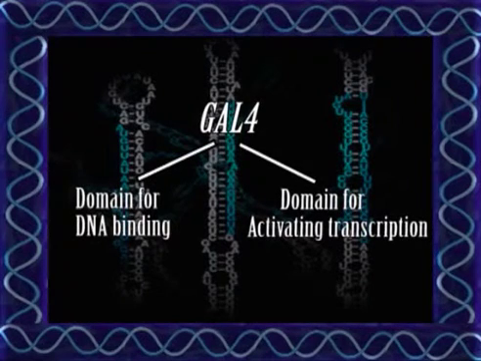The GAL4 protein has at least 2 domains, one for DNA binding and another for activating transcription. The modular organization of the GAL4 protein was demonstrated in a series of experiments to know whether a part of the protein is necessary for a particular function.